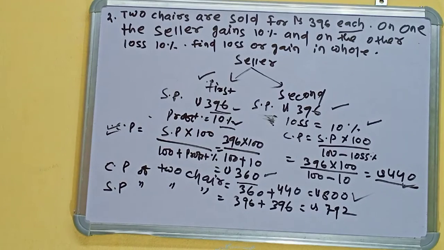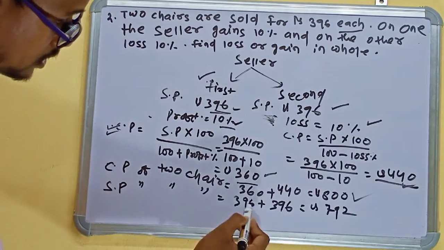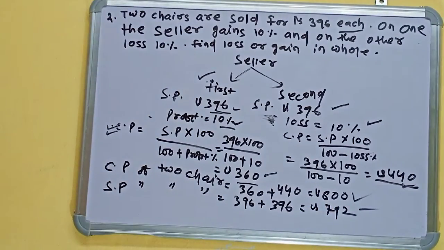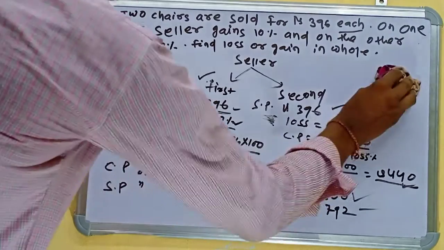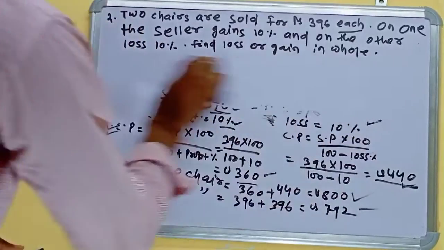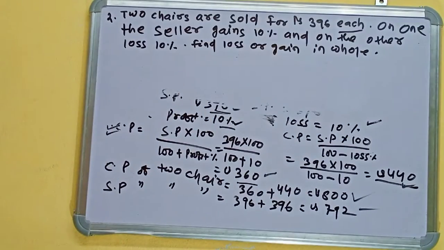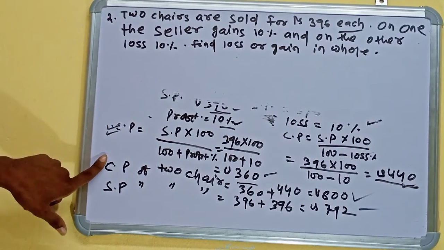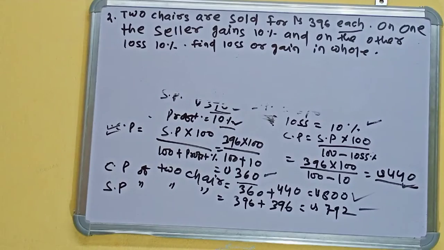Then we find the SP of two chairs. SP of two chairs is equal to 396 plus 396, which is 792. Here SP is lower than the CP, so it is the case of loss.